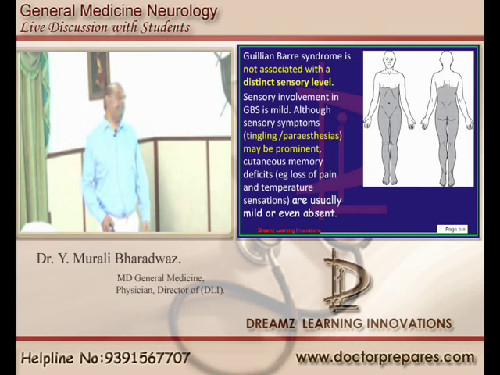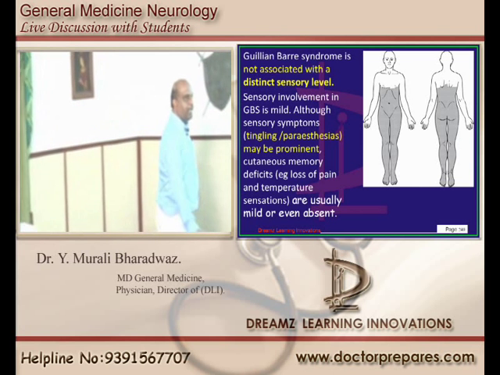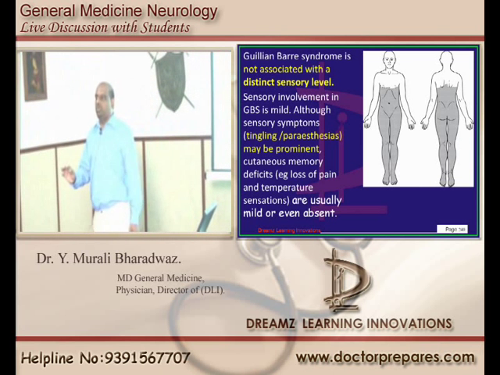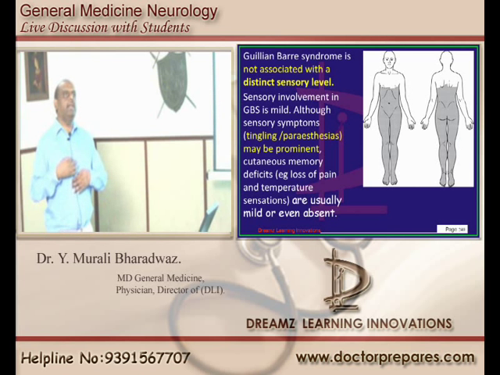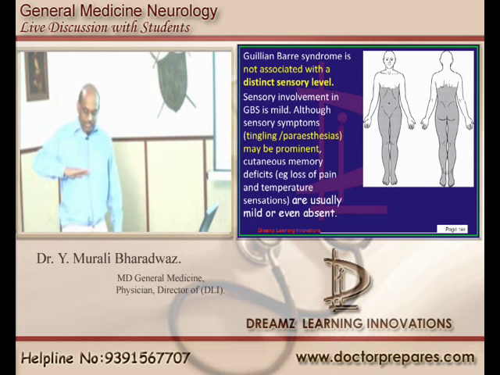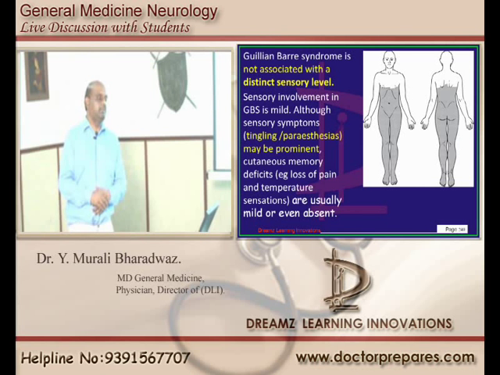Now let us talk about what a definite sensory level means. A neurologist will hold a pin. Can you feel it, can you feel it, can you feel it, sir, here you don't feel it, then you will say, oh okay, pain is stopping at this level, below that level pain is felt, above that level pain is not felt.